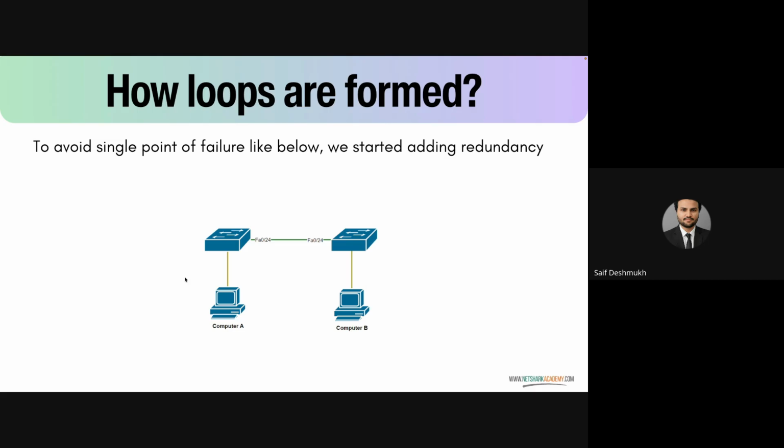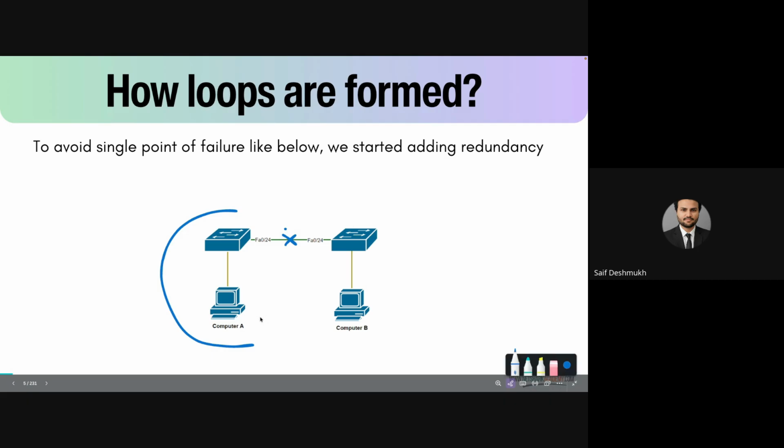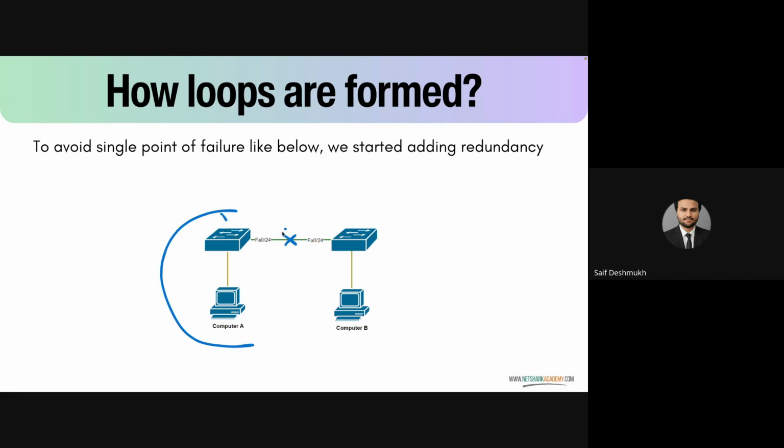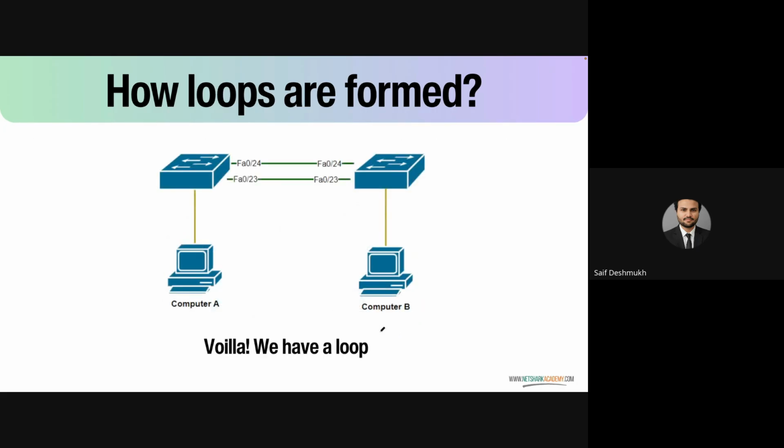To avoid a single point of failure, we started adding redundancies, because this is a bad sign. If this link goes down, all the devices that are connected to this switch will lose the connection on this side. That's bad. So we started adding redundancies in our network, a double link between switches. Let us look at this example.